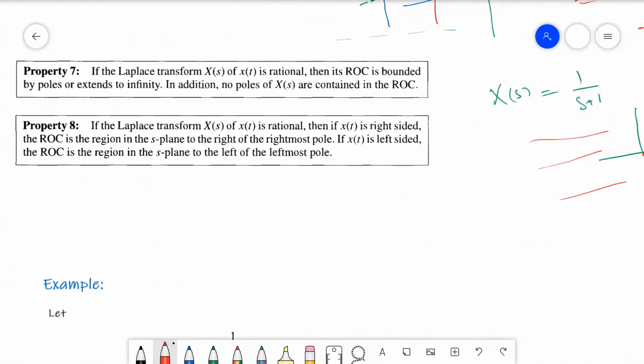And property number 8 states that if the Laplace transform x of s is rational, then if x of t is right-sided, the ROC is the region in the s-plane to the right of the rightmost pole. We have already seen that, and let's suppose we have x of s as 1 over s plus 2, 1 over s plus 3.